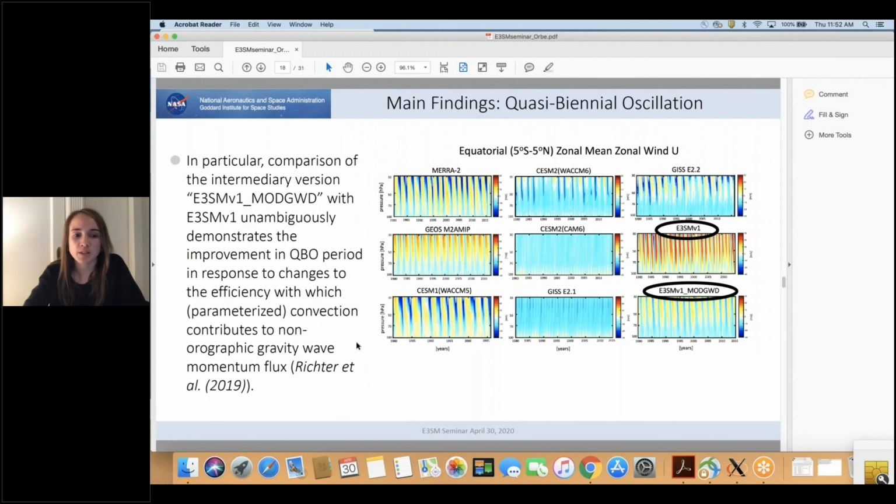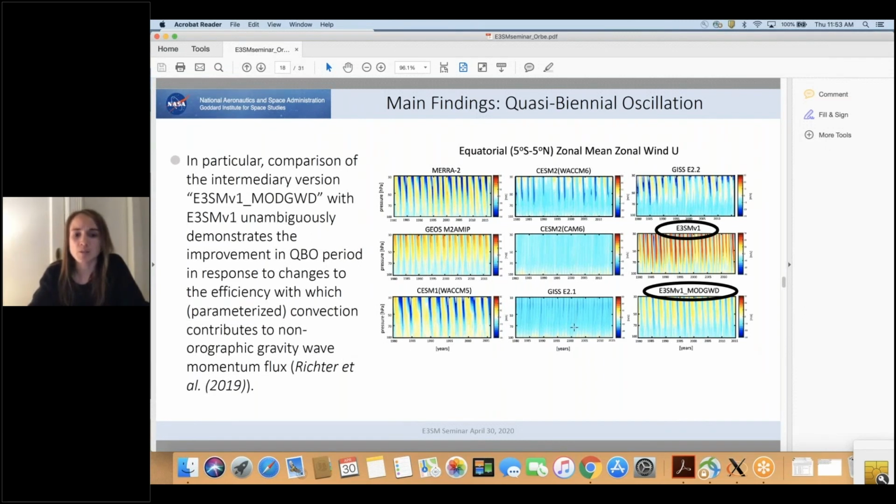This was in response to changes in a so-called efficiency factor, which controls the amount of parameterized convective momentum flux as it enters the lower stratosphere. So it's a lever on how much convection is contributing to the amount of momentum flux being deposited in the stratosphere.